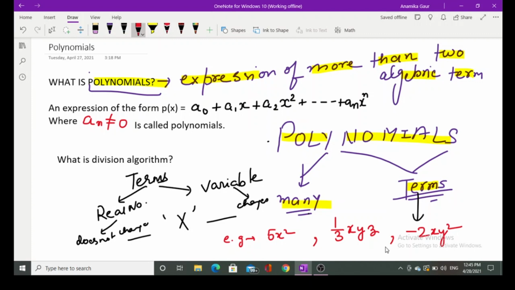In all these examples we can observe one thing: here it is 1 by 3, which is a constant value, while x, y, z are the variables. In this example, 5 is a constant value, a real number, while x square is a variable. And similarly, minus 2 is a real number and xy square is a variable.